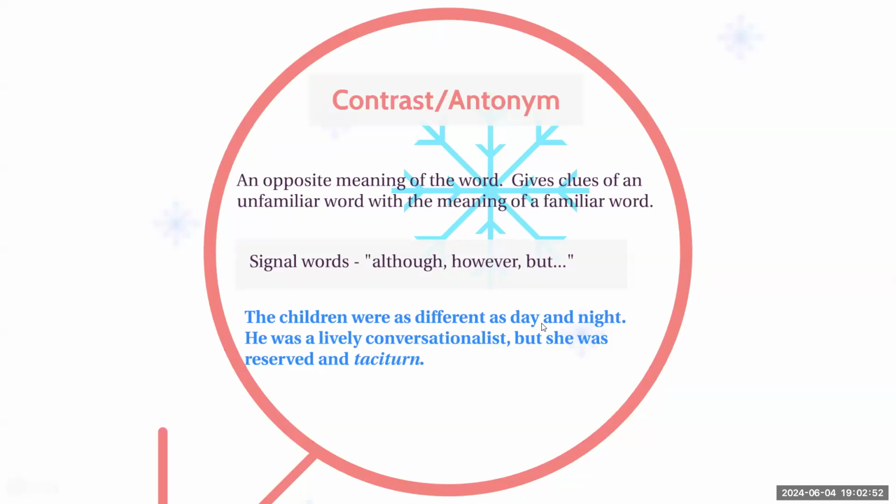Shy or reserved, not talkative. If he's lively and a conversationalist, but she is, right? She is as different as night and day, it means she is the complete opposite. So while we don't use that word often, you've never heard it, it's okay. This is how we can tell the meaning of a word, by looking at what's in that sentence. Does that make sense? Yeah?